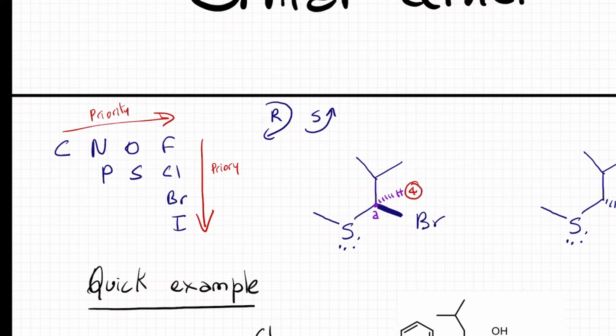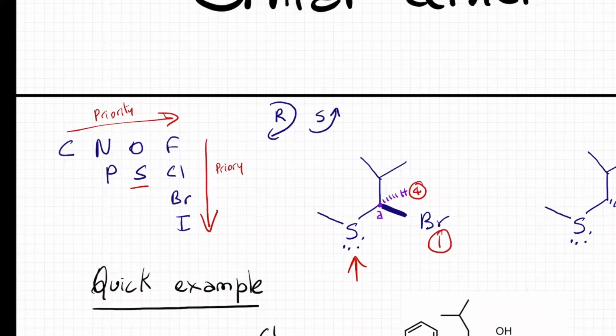Now between sulfur and bromine, bromine has a higher priority, so bromine is number 1, and sulfur is next, number 2. Carbon is the one that will be number 3. Remember, bromine, sulfur, carbon. You can see the trend.